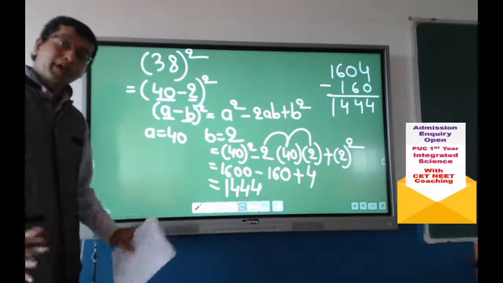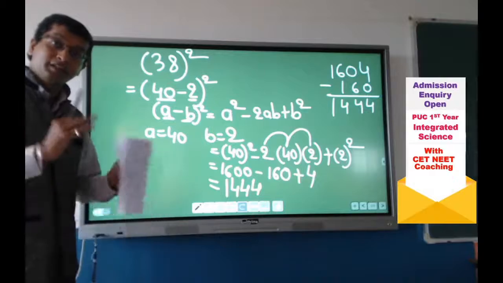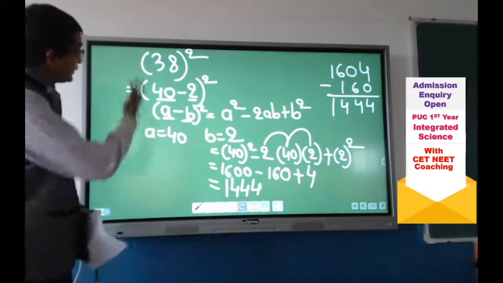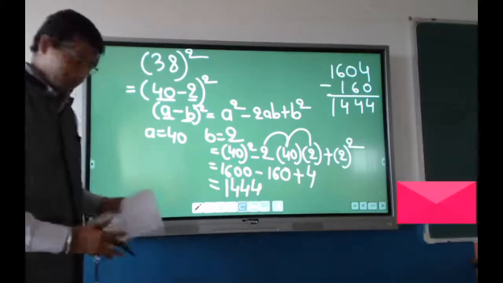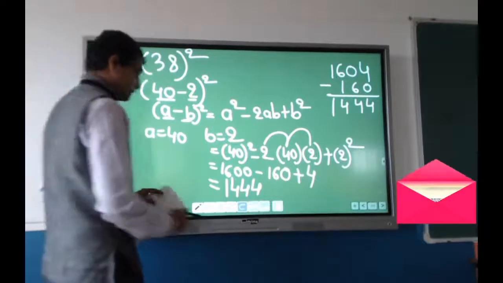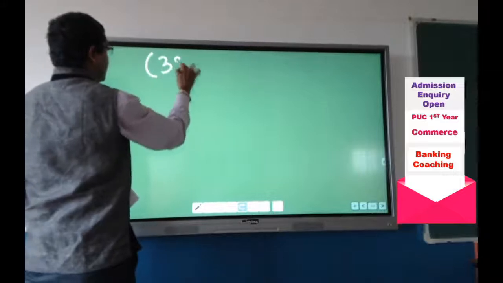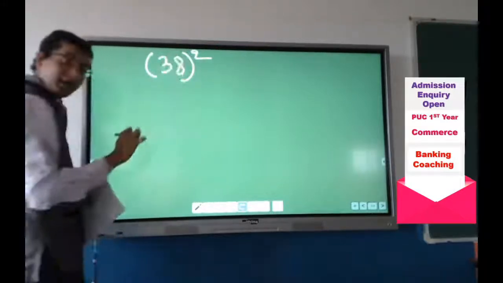Now I use my usual method. Within 30 seconds, I write the solution for 38 square. This is my method.